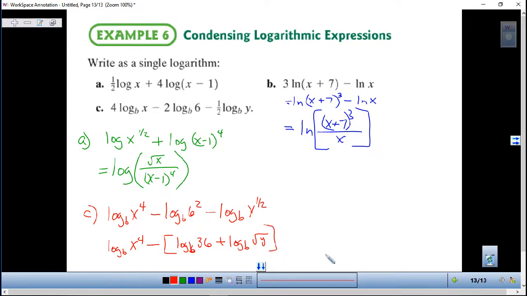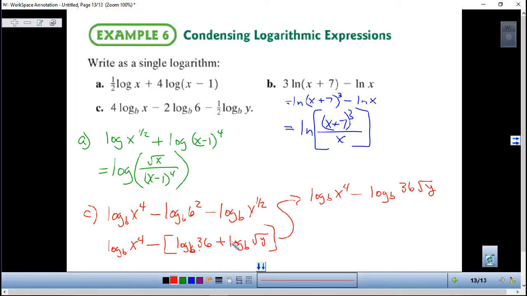All right, so now hopefully you can see what we're doing. We've got a quotient between this and this, but I need to combine this first. So I'm going to move this up here. We're going to have a log base b of x to the 4th minus, when I combine these, I'm going to get the log base b of 36 square roots of y.